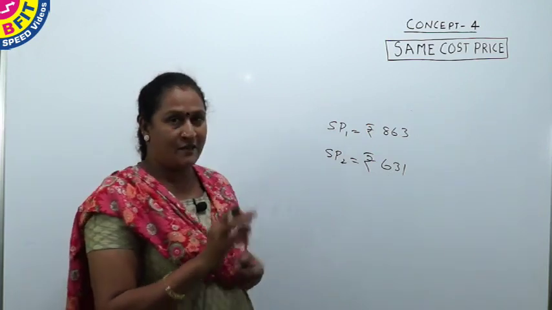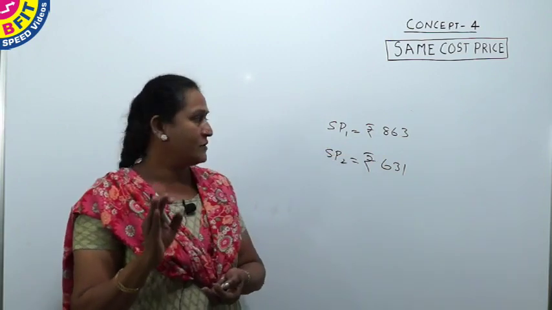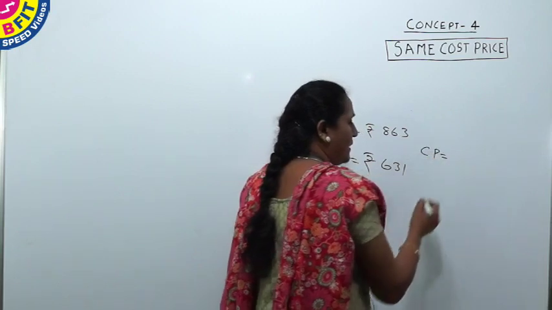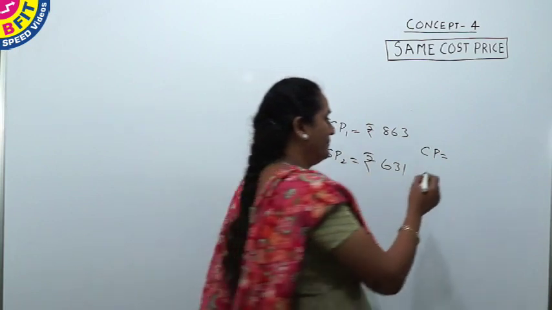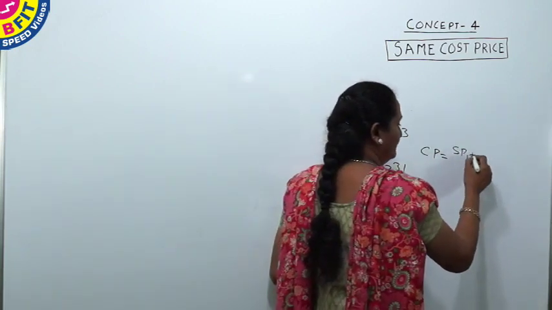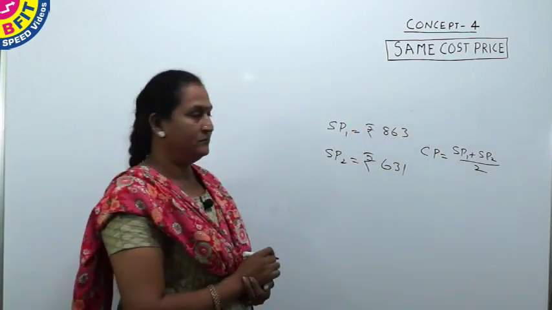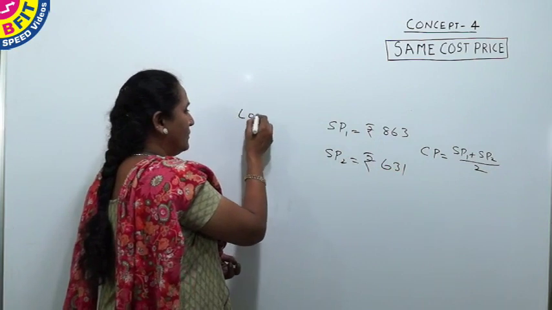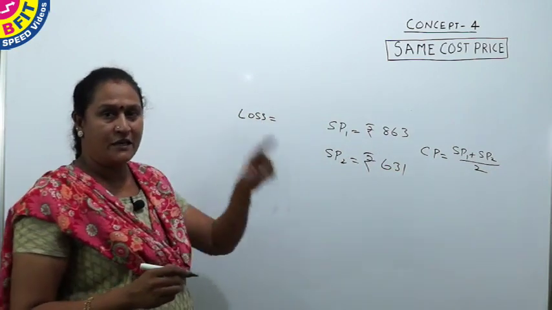So when for the same cost price and different selling prices there is no loss or gain, then cost price is got by finding the average of the selling prices. So here the concept is cost price is same for different selling prices if loss is equal to the gain.